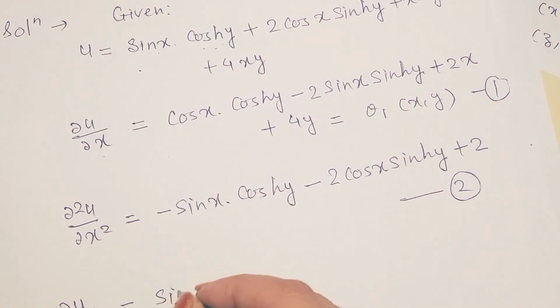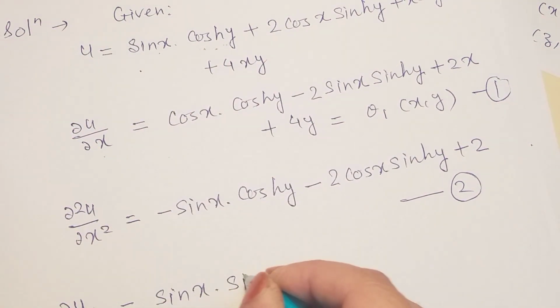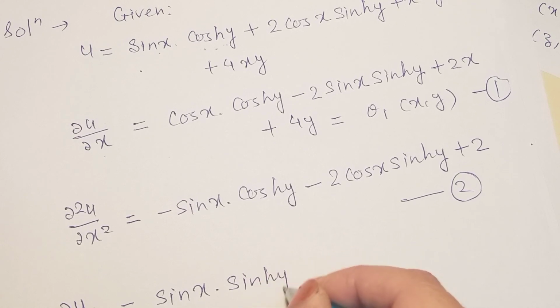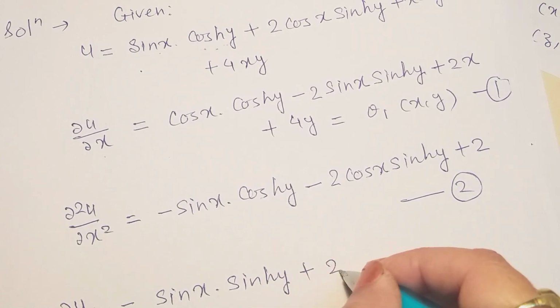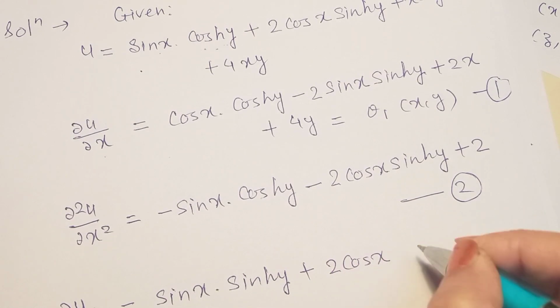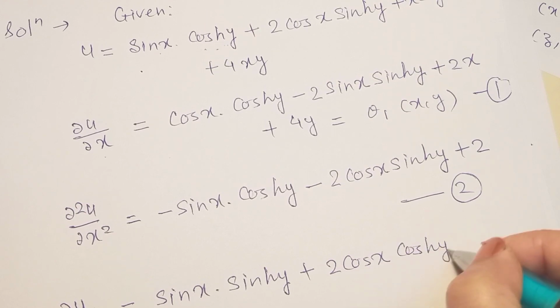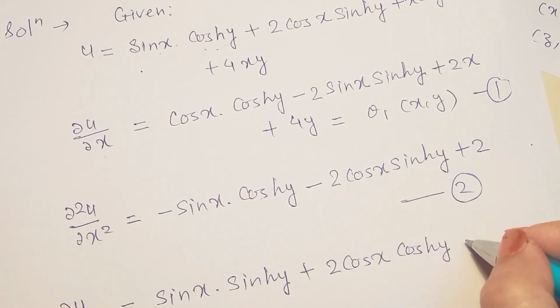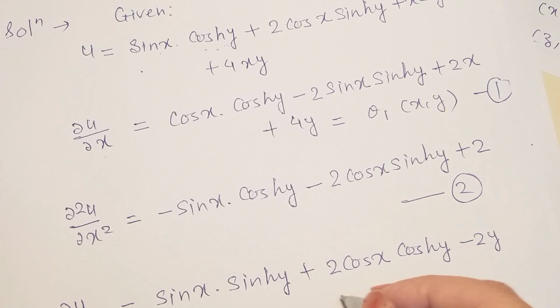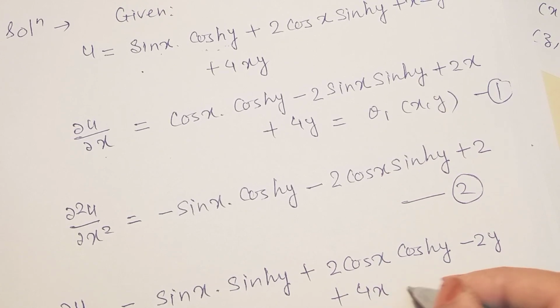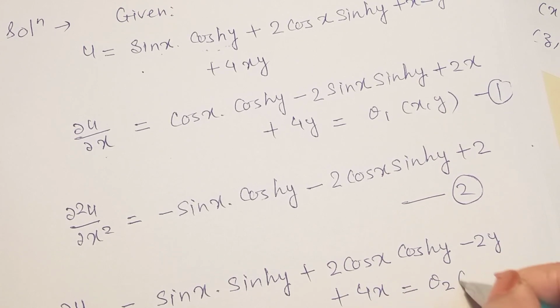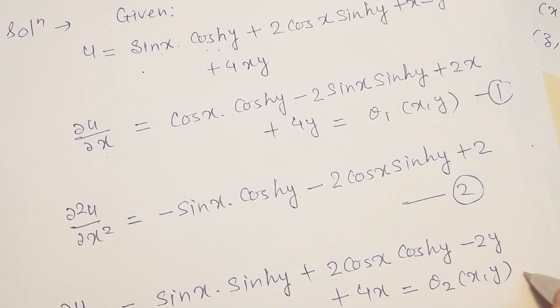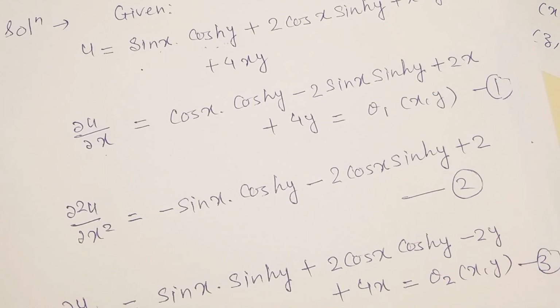So it will come sin x sin hy plus twice of cos x cos hy minus twice of y plus 4x. Suppose it is theta 2 xy. It is equation number 3.